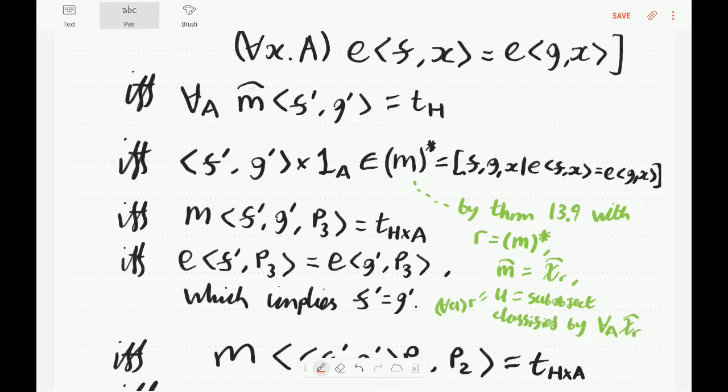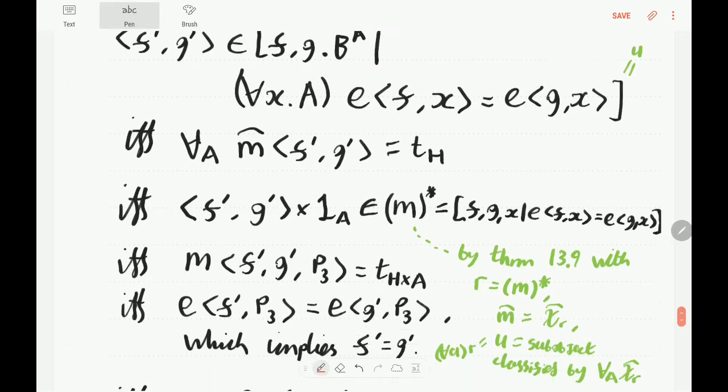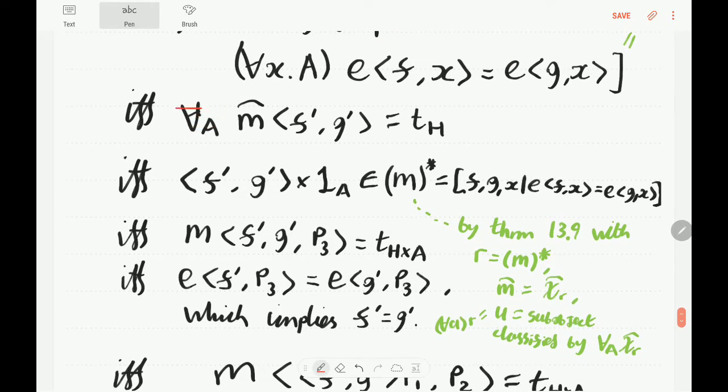we're going to have for all A R, or in other words, for all A m transpose, we're going to have f comma g is in for all A R, using this terminology, if and only if f comma g is in this, which I'm saying is happening if and only if for all A m transpose of f dash comma g dash is true.